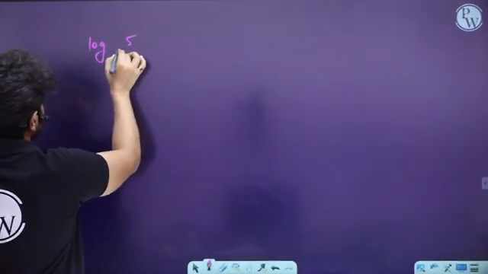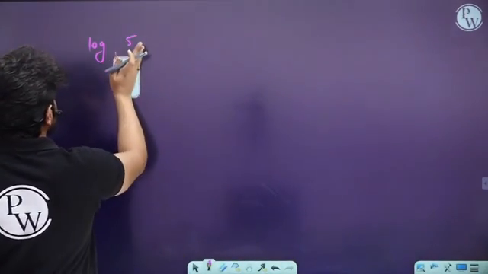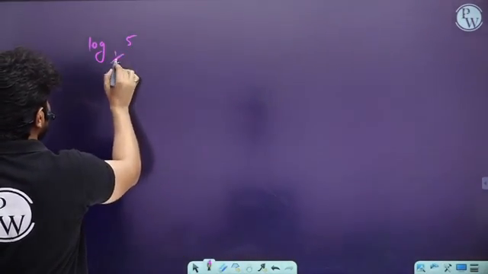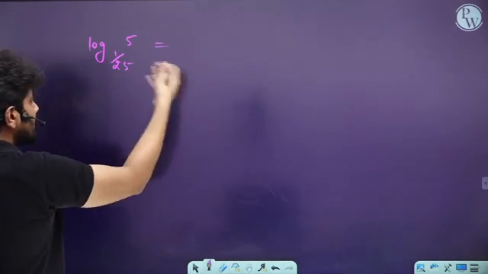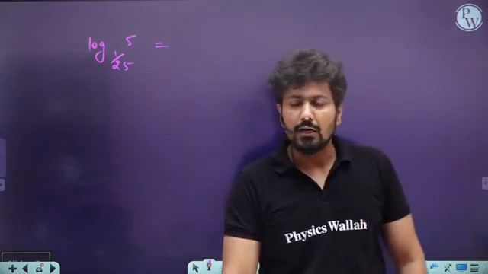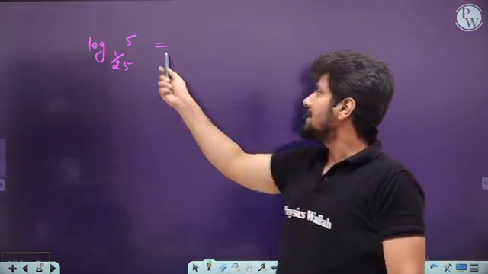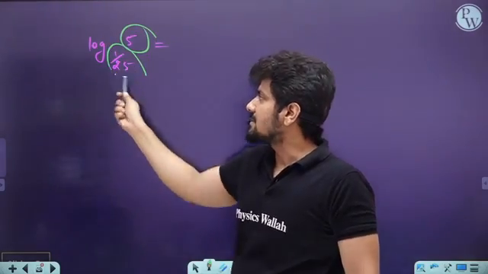Like suppose if I ask log of 5 to the base 1 by 5 or log of 5 to the base 1 by 25, we are going to get a negative number for sure, because see, this number is greater than 1, this number is less than 1.